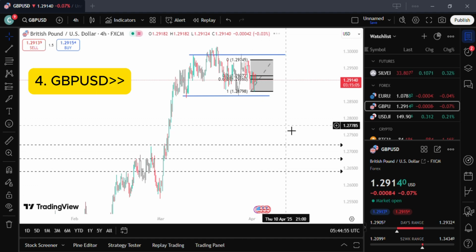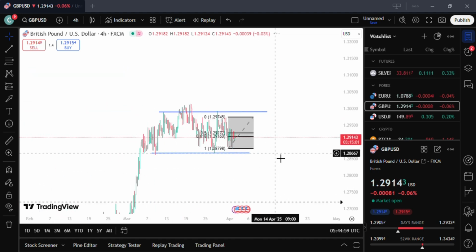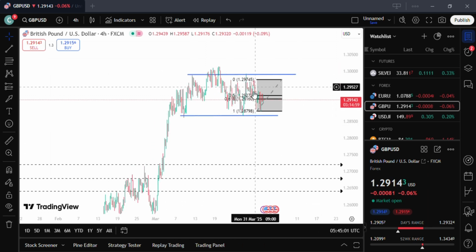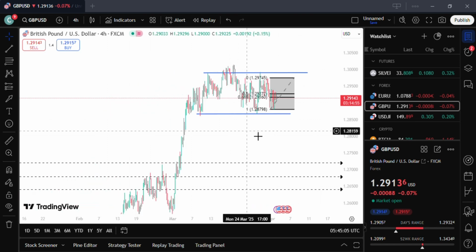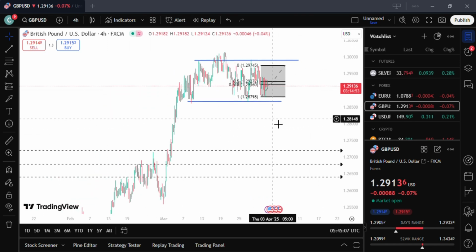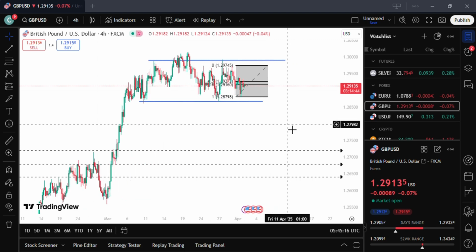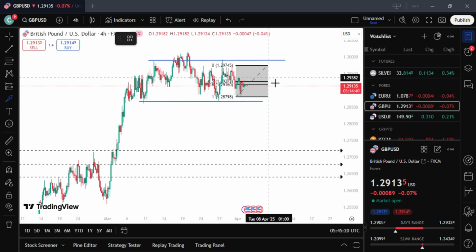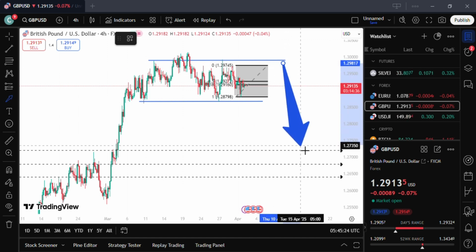GBPUSD, the cable, and for this one we could see that here there's kind of a downward trend forming. If the USD strengthened, we could see a potential drop, that is if price doesn't come, but I'm expecting a potential drop.